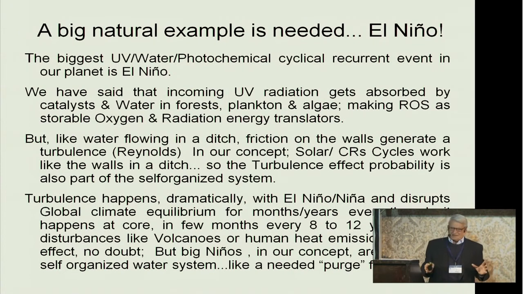So the best way to look at it, still a mutant hypothesis, is like water in a ditch, right? You have the central part going with more speed than the walls. If you think that the walls are, for instance, sunspots or solar X radiation on one side and cosmic rays on the other, it gets to a moment when it enters into turbulence, a Reynolds number effect.